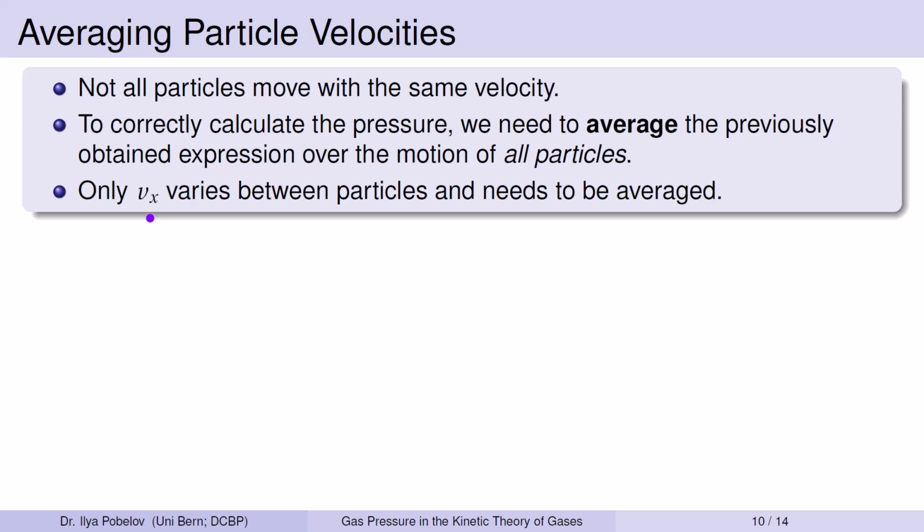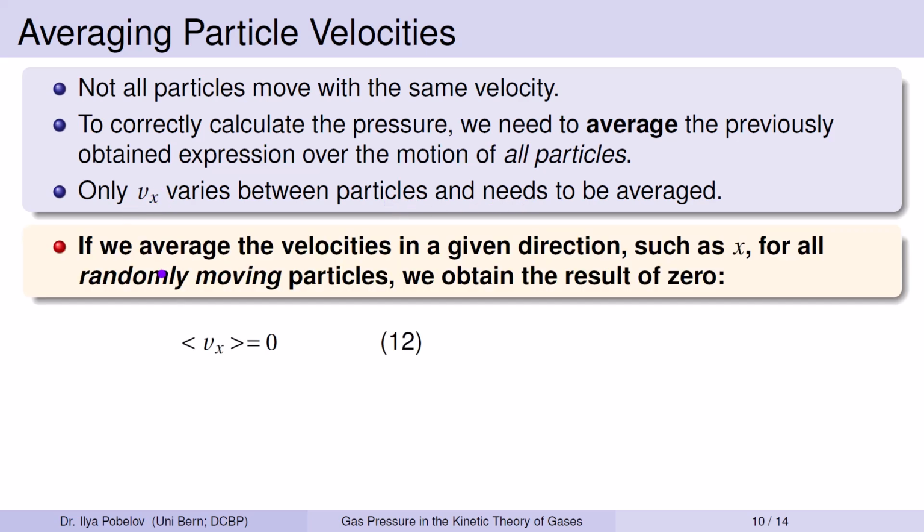Only the velocity component in the x direction varies between particles, so only it needs to be averaged. But here's the issue. If we simply average the velocities in a given direction, such as the direction of x, for all randomly moving particles, we obtain the result of 0.